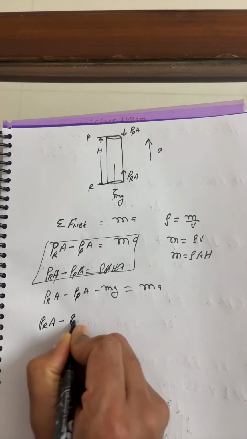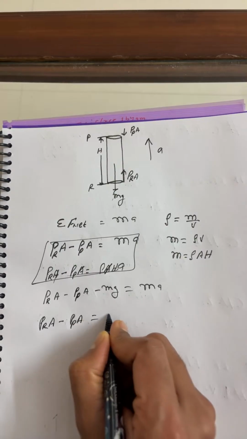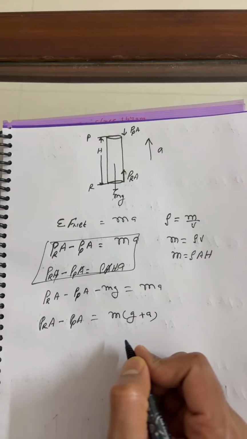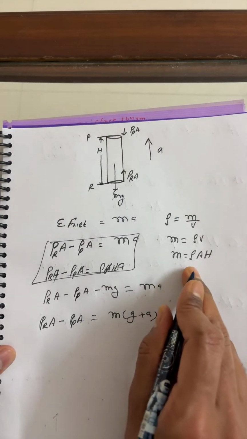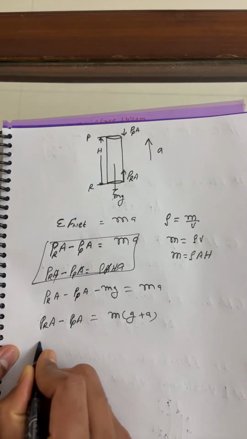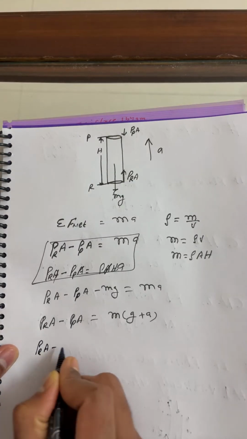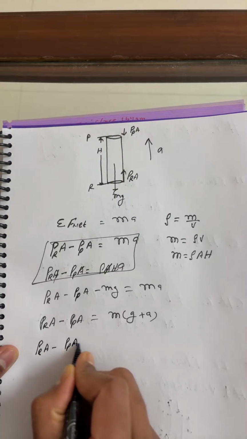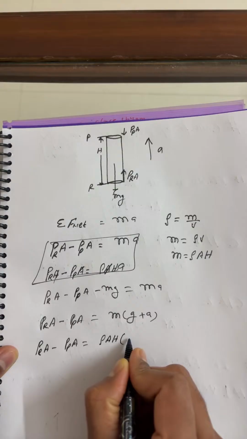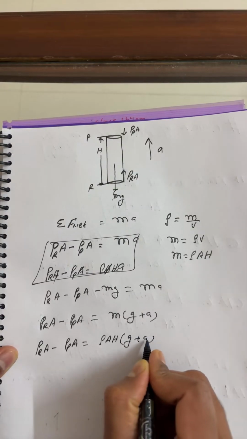P_R into A minus pressure at P into A is equal to m into (g plus a), right? I'll just use the mass value directly. So students, P_R into A minus P_P into A is equal to rho A h into (g plus a).